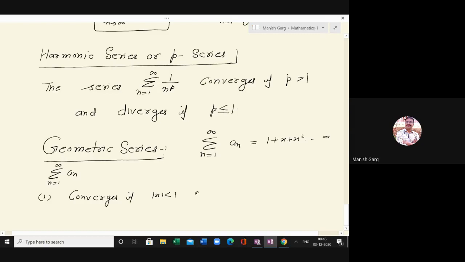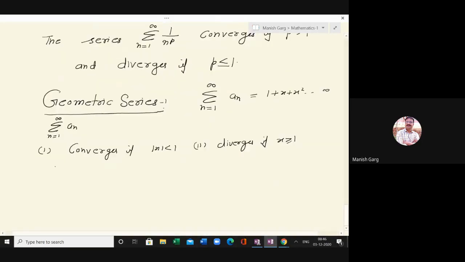Second, it diverges if x is greater than 1. And third, diverges, sometimes it is written diverges if mod x is greater than 1.